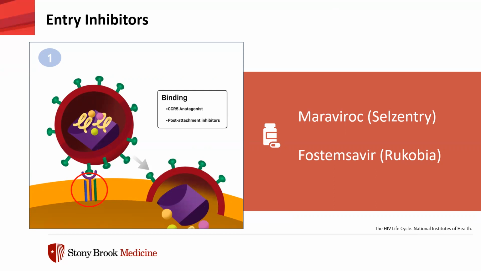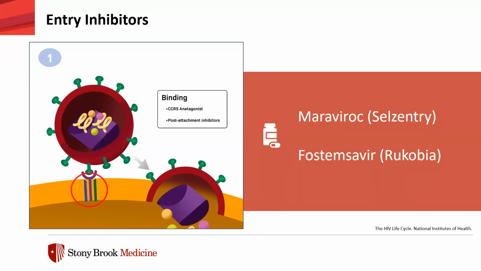Maraviroc is an agent that's considered a binding inhibitor, and it prevents entry of the HIV into the target cells by binding to one of those co-receptors known as CCR5. However, there are multiple co-receptors on the CD4 cell surface.